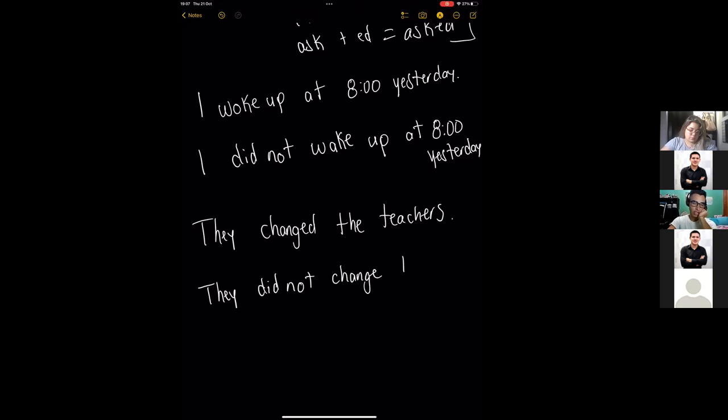They did not change the teachers. Instead of saying did not, you can also say didn't. That is the contraction. They didn't change the teachers.